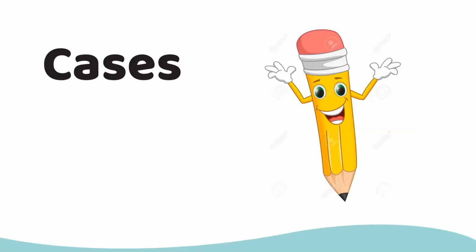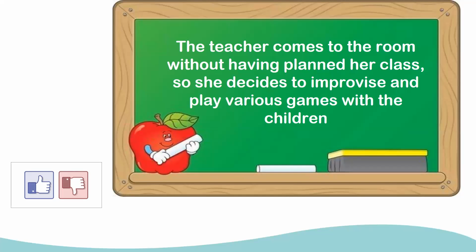Case. Now my panel and I present two cases. You will have to answer if what the teacher does is according to the standard. The teacher comes to the room without having planned her class, so she decides to improvise and play various games with the children.